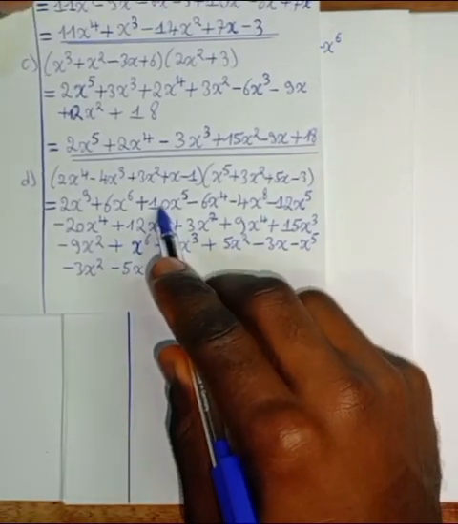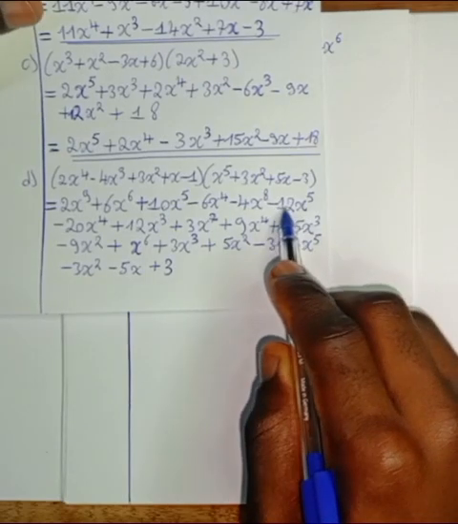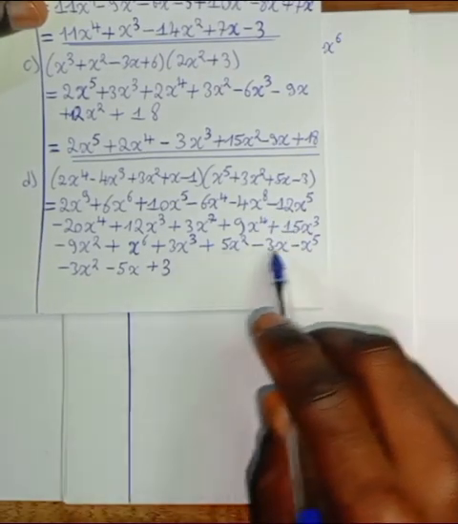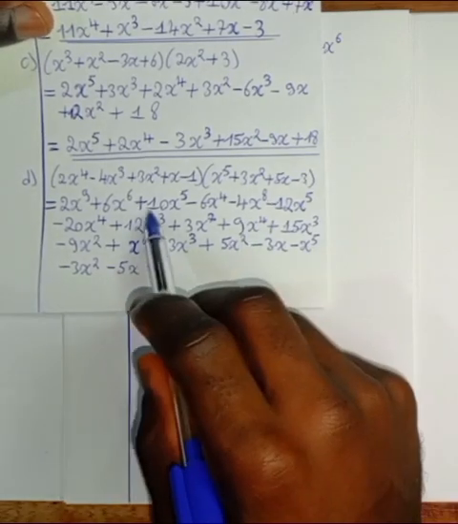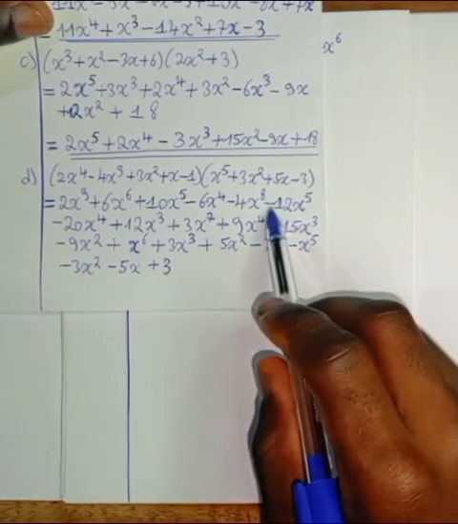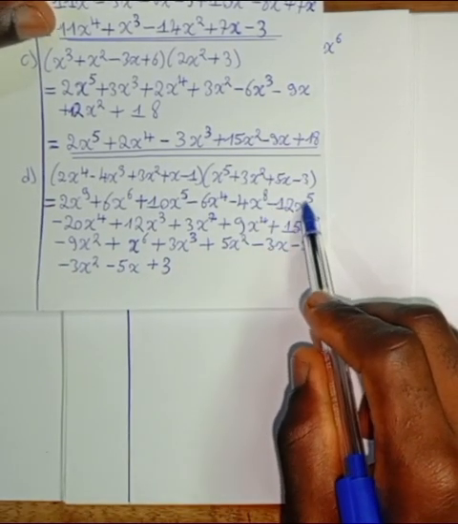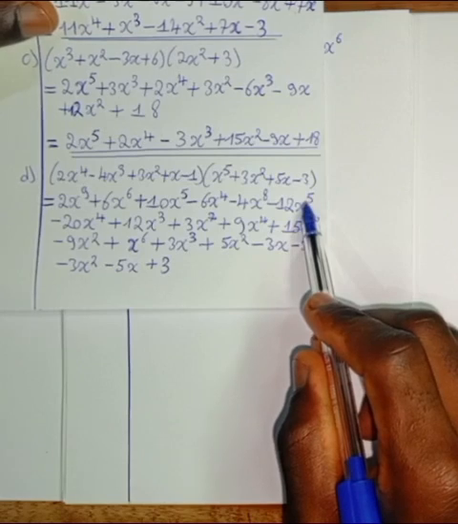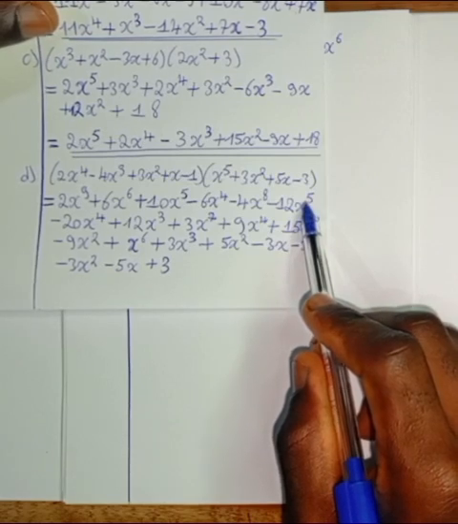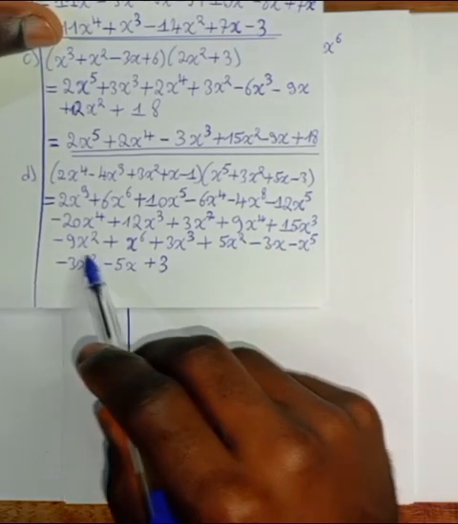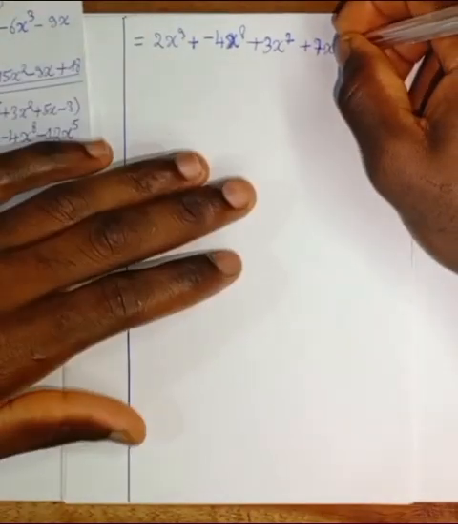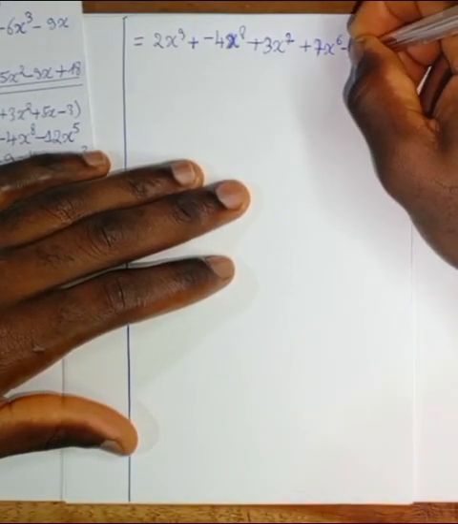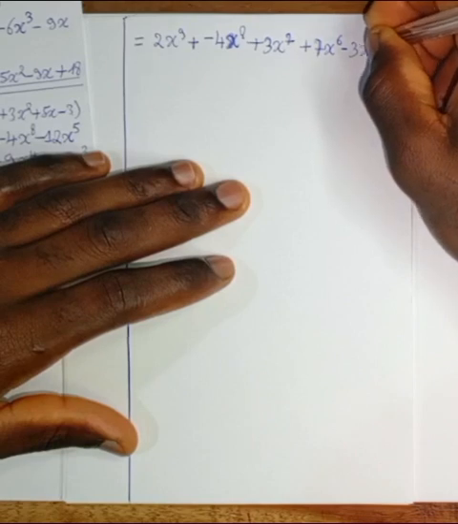We have this 1, 2, 3. We have 3 of them. So we take 10x to the power 5 minus 12x to the power 5. It gives us negative 2x to the power 5. Negative 2x to the power 5 minus x to the power 5 gives us negative 3x to the power 5.